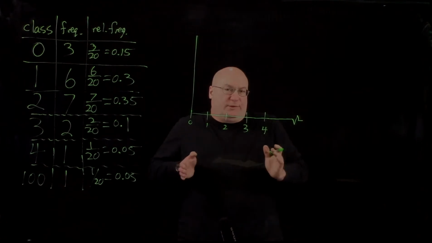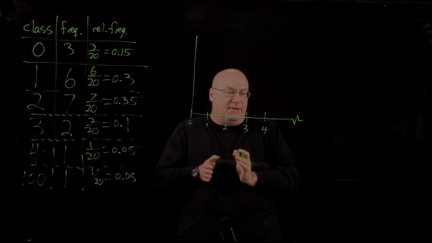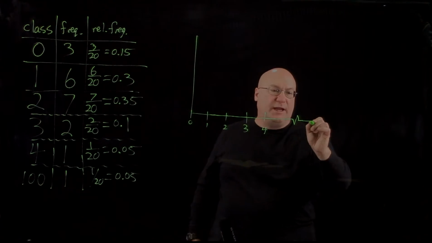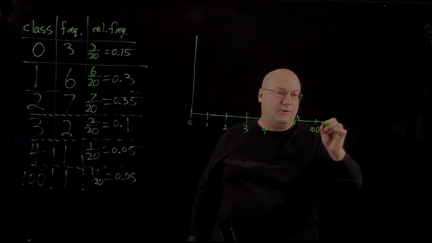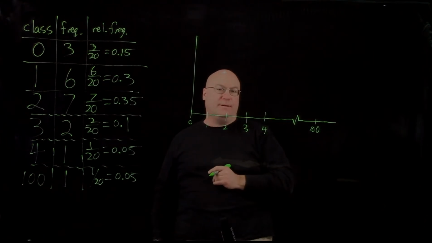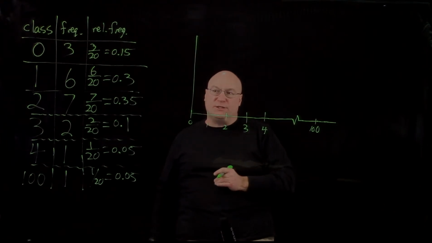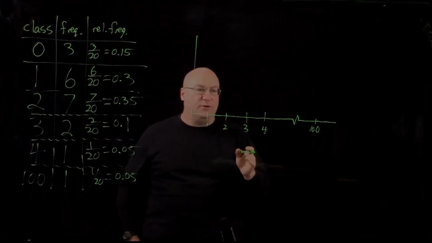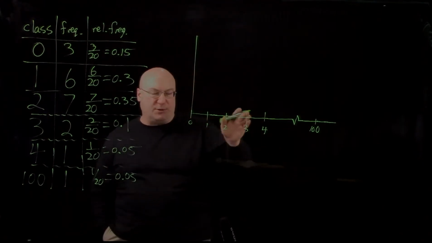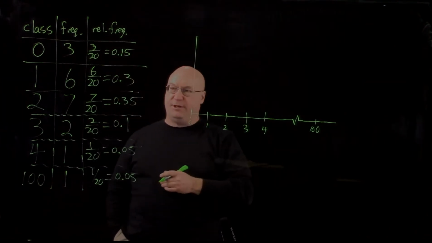That just means we're condensing a lot of the axis so that I can go out here to my data value of 100. Okay, so that was the first little twist I threw you. If you didn't know how to do that, no big deal. I didn't explain how to do it, but it's something you've seen before, and you should pick that up without any problem.